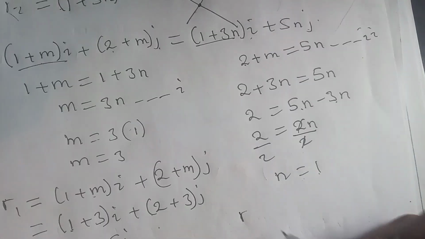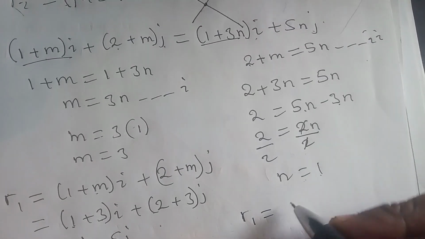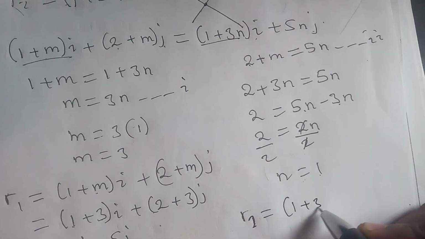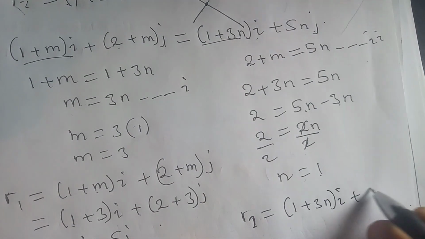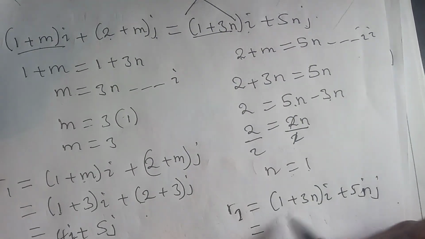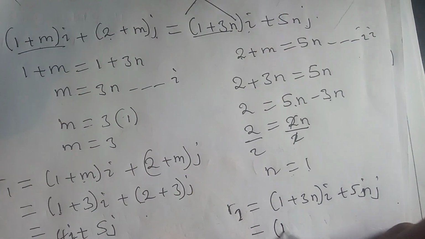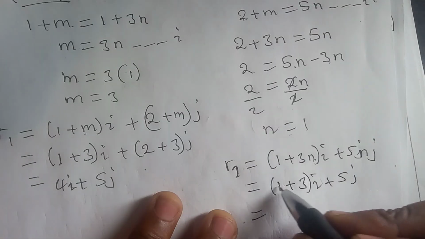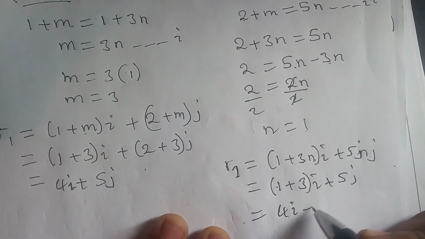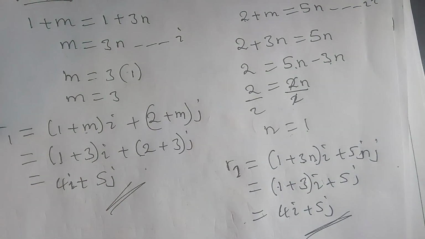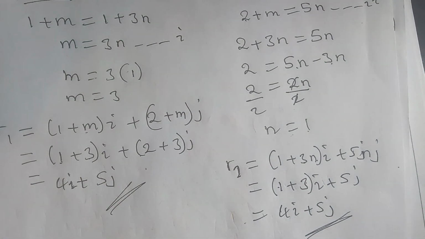The answer is still the same. So r2 is equal to (1 plus 3n)i plus 5nj. So since our n is 1, we have a 3 there, and we have a 5 there. So you add these two, you have 4i plus 5j. As you can see, it won't matter which equation you use, the answer will still be the same.